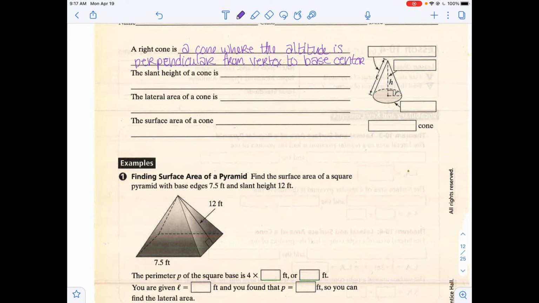Slant height of a cone is the distance from the vertex to a point on the edge of the base.